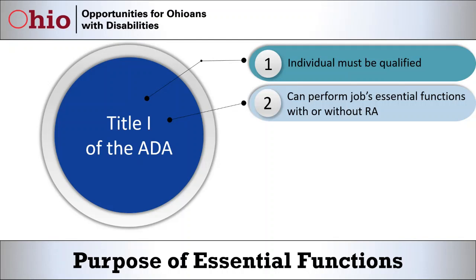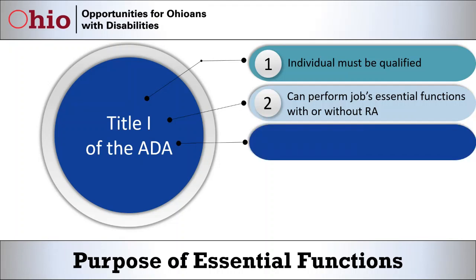But essential functions are important for more than just determining qualification. Today, we will discuss how describing essential functions in an inclusive way matters because doing so may help an employer attract more qualified candidates to consider for their open positions, which may ultimately lead to finding the best person for the job.